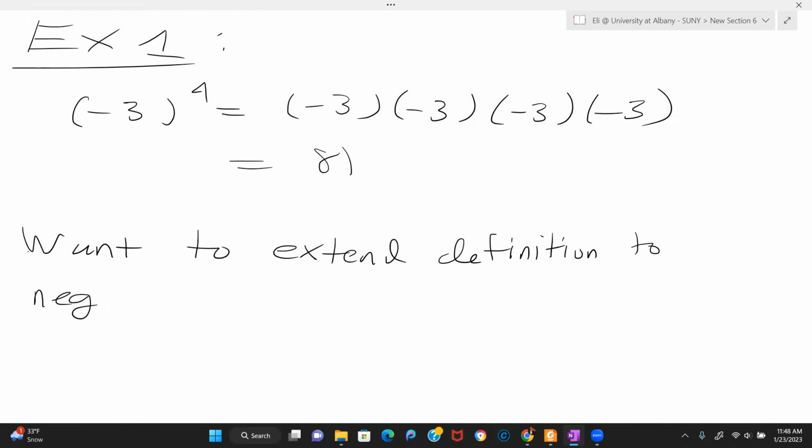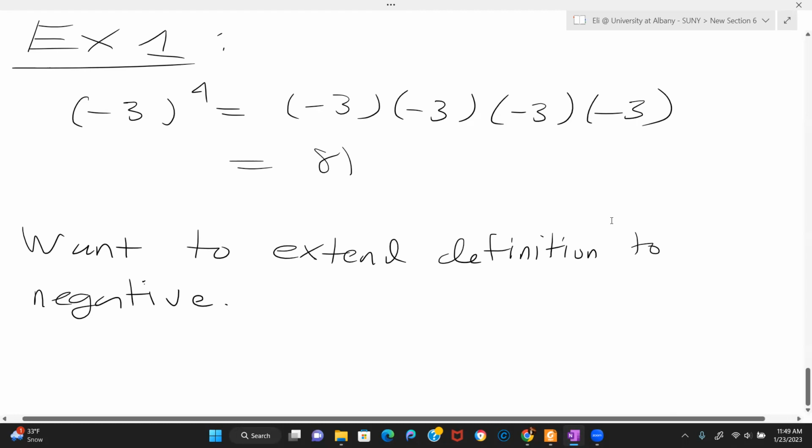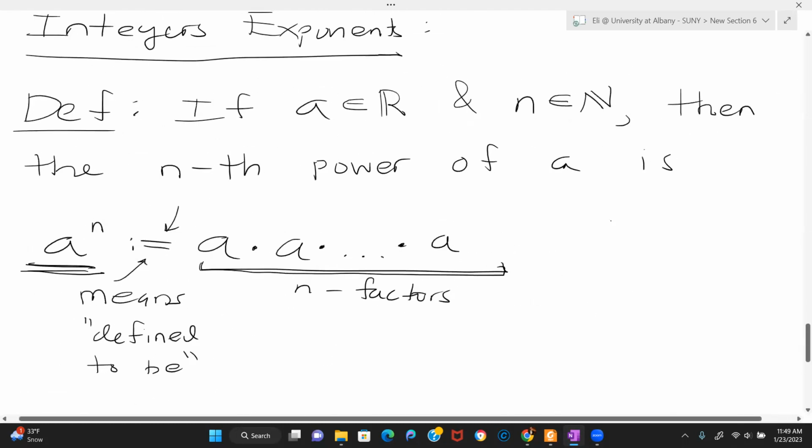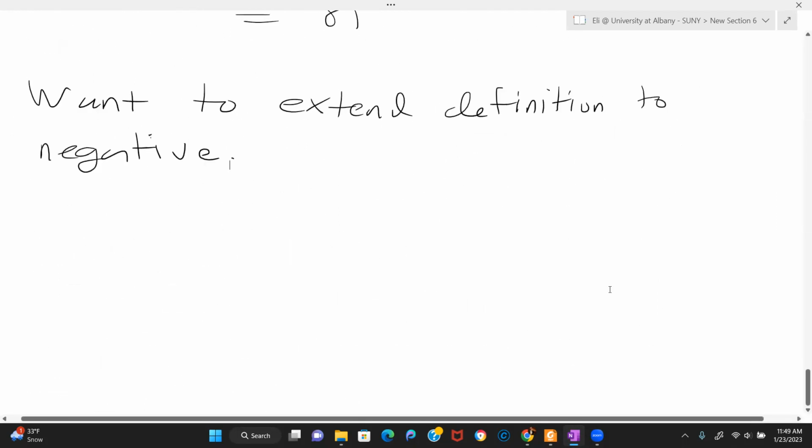So we know what it means to take a number and raise it to a positive number, but what about raising it to a negative number? Well, we define raising a number to a negative power in terms of this definition here. We leverage this definition. So let me just explain how we do that.